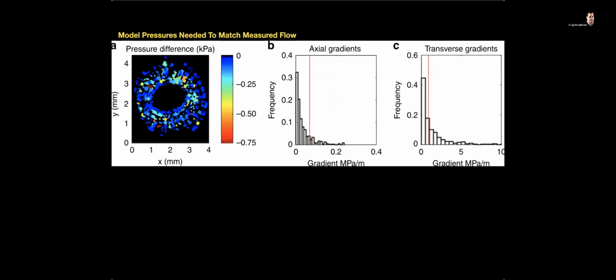There are axial gradients, which we would expect going from the top to the bottom, but there are also transverse pressure gradients of significant size. So there could be a pressure gradient over just a very short distance, a few hundred microns, of perhaps a megapascal or more, which is hard to think about, but intuitively makes sense given what we know is going on downstream in the plant.